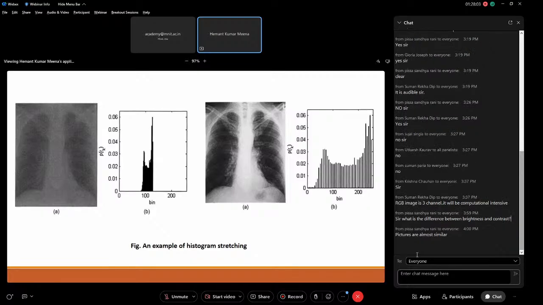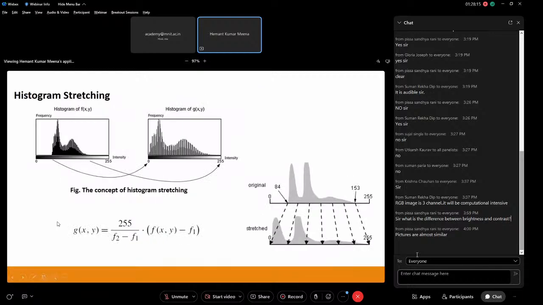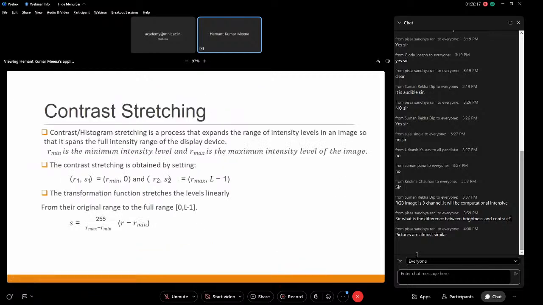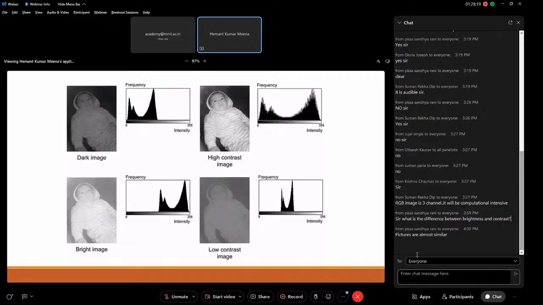Brightness and contrast. Okay, if we go to the question from there, let's take up the examples. We go to the image where I can show you. Yes, here you can see this diagram, the image of a baby boy. When you see it bright, basically the intensity is on the higher side.